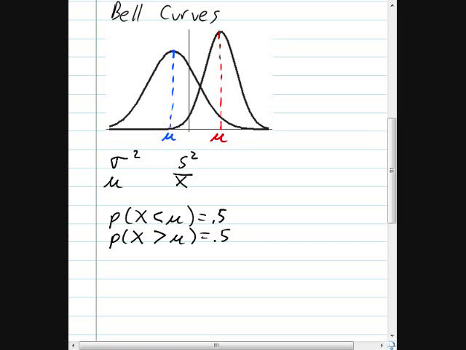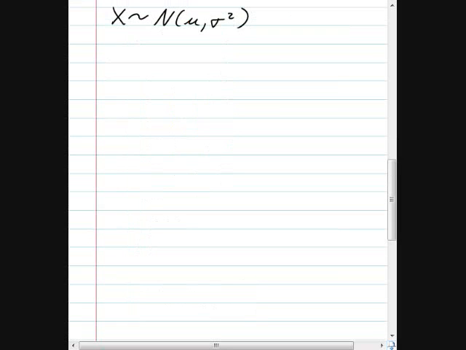We'll use the following notation to indicate that X is a normal random variable. X is distributed as a normal random variable with mean mu and variance sigma squared. Let's look at an example.